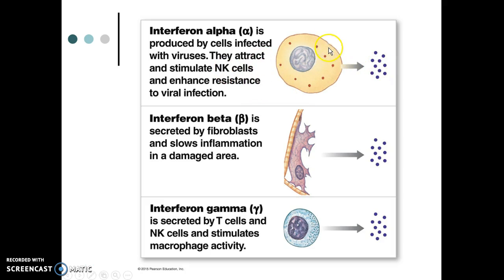It's going to go out to the healthy cells and cause them to produce antiviral proteins, and it's not going to allow those viruses to replicate in there. So it will help protect our healthy cells. And you can see, it also attracts and stimulates natural killer cells to the site, so it'll get rid of those unhealthy, viral-filled cells as well.